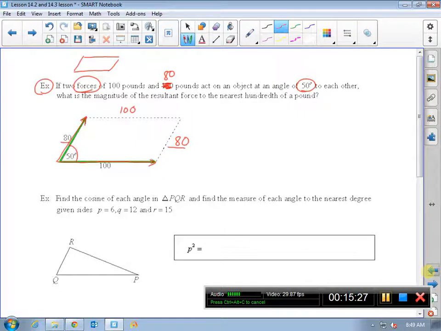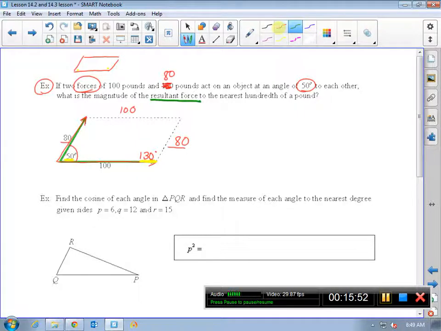And consecutive angles, this angle and this angle, in our case 50 and this angle, consecutive angles of a parallelogram are supplementary. So we're going to label this 130. It helps to have some of this labeled because they want us to find what's known as the resultant force.